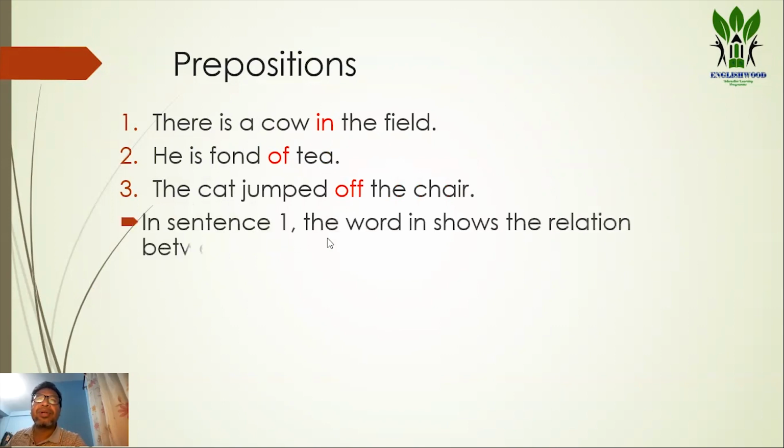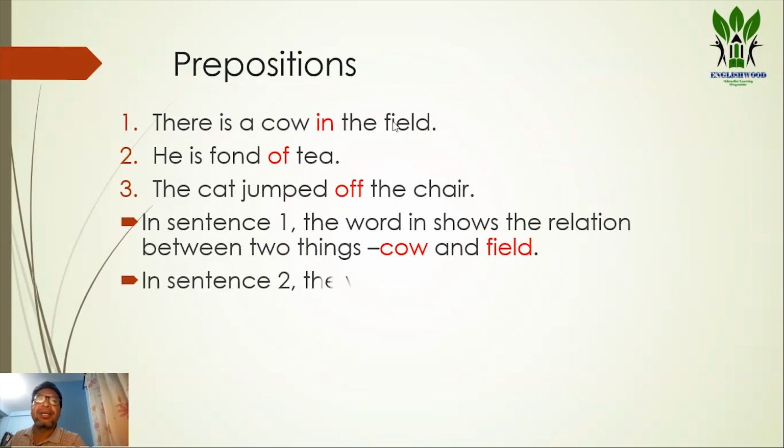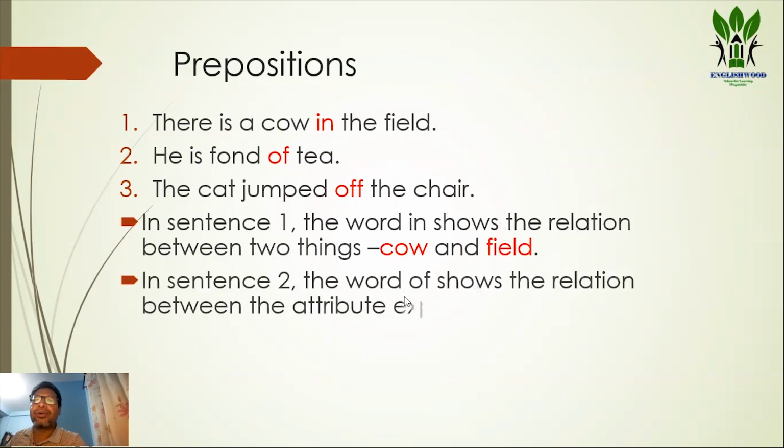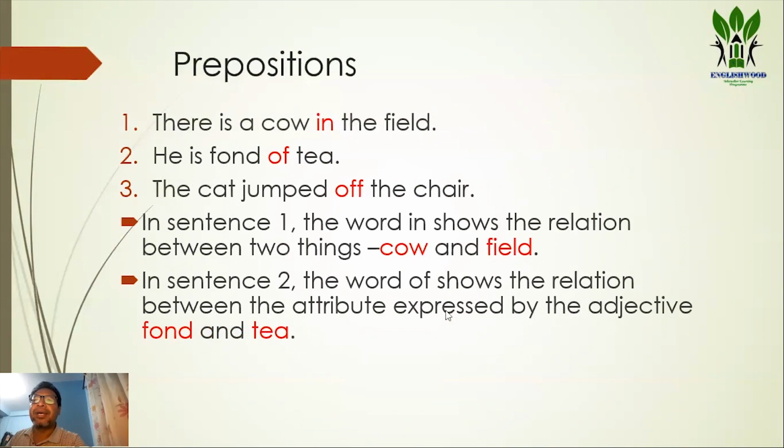In sentence one, the preposition in shows the relation between the two things, cow and field. In sentence two, the word of shows the relation between the attribute expressed by the adjective fond and tea. The adjective is used for he, the pronoun.